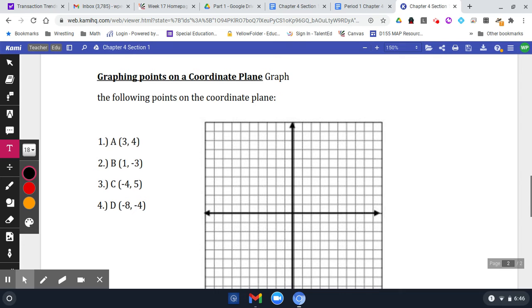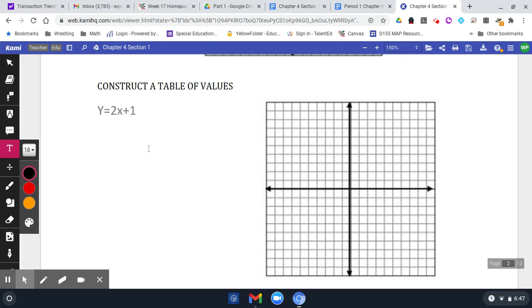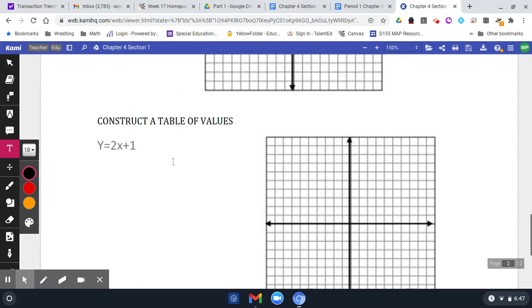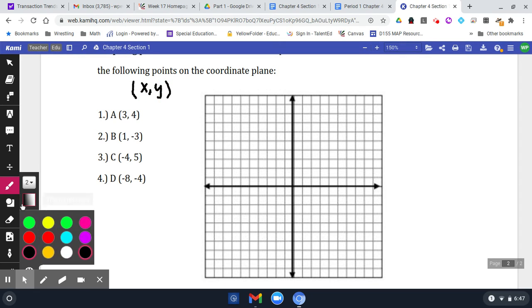All right. So what we're going to talk about today is graphing some points, which hopefully is all just a very basic review. And then we're going to construct a table, which is what you guys are going to do for homework. So first off, remember we are always x comma y. x controls our first number, y controls our second number. I'll use red for number 1.